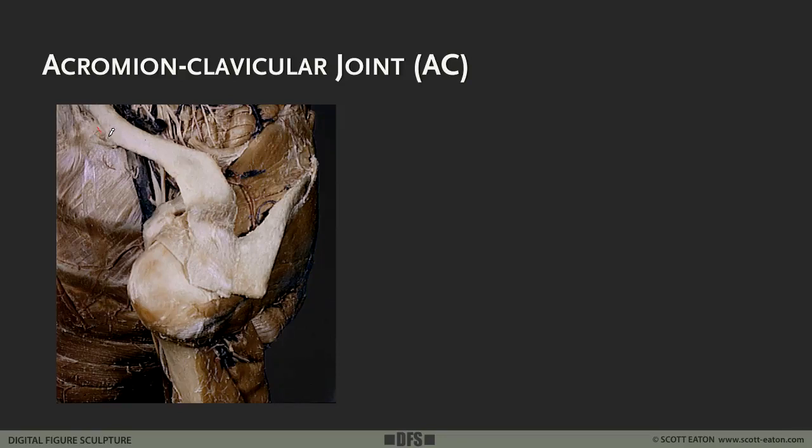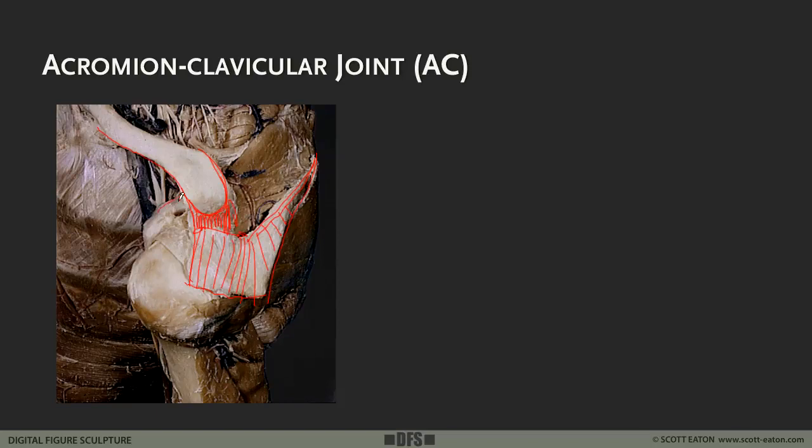So this is what I want you guys to memorize as far as shapes go for bony landmarks for the scapula: acromion right here, spine of the scapula going down here, and the distal end of the clavicle. Look at this little ligament going here.